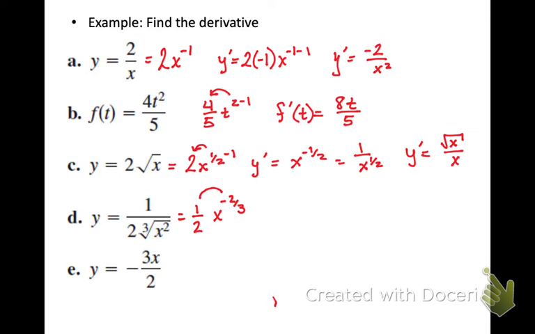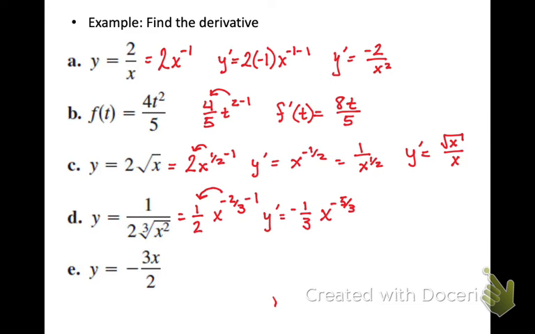So I multiply 1/2 by negative 2/3. That's going to be negative, right? The 2's are going to cross out, so that'd be negative 1/3. And if I subtract 1 from here, you get negative 5/3.